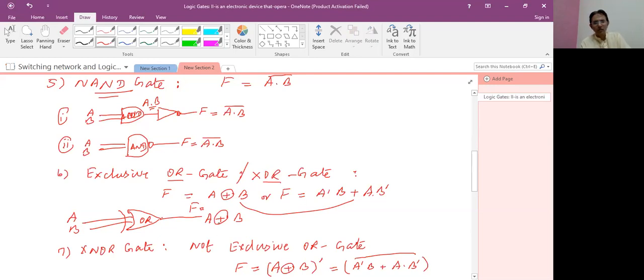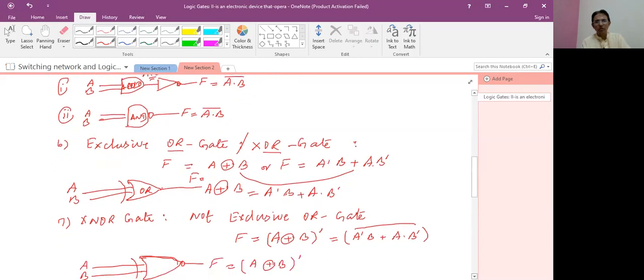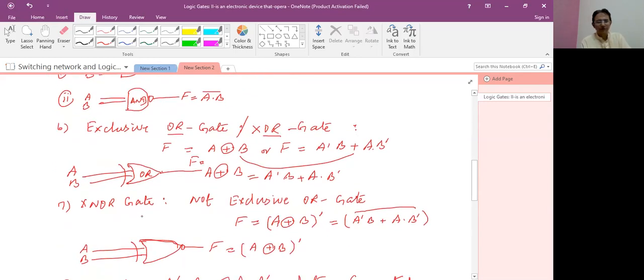So f is equal to A exclusive-OR B, which is equal to A complement B plus A B complement. What is the XNOR gate? It means NOT exclusive OR gate.